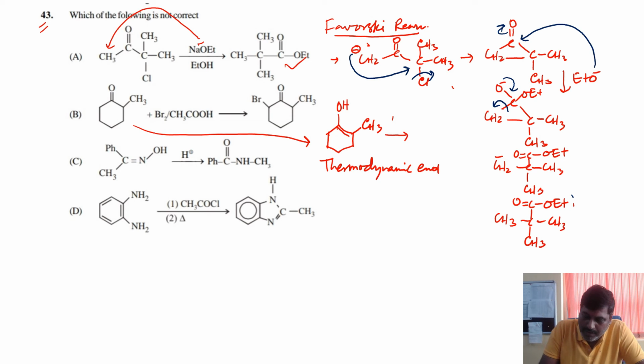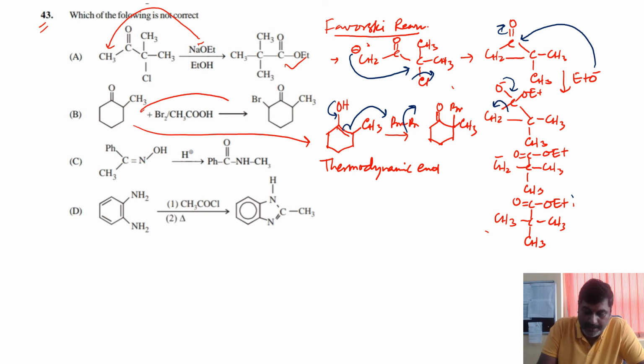So when there is the Br2, this one is back, this will attack here, this one is lost, and so in the presence of Br2, CH3COOH acidic medium, the product will be this one. This could be the product, I write here.